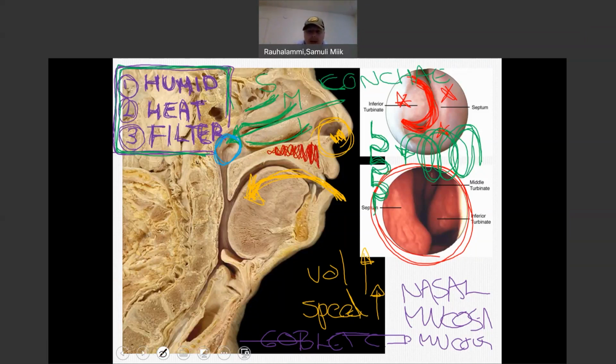So that's why we have the hard palate. And then more posteriorly, we have the soft palate. And you'll also notice how the very posterior portion of the soft palate gives rise to the uvula, the hanging bit at the back of the mouth. And we'll talk much more about that and its role in the swallowing reflex, sealing of the nasal cavity, and so on as we talk about the digestive system.